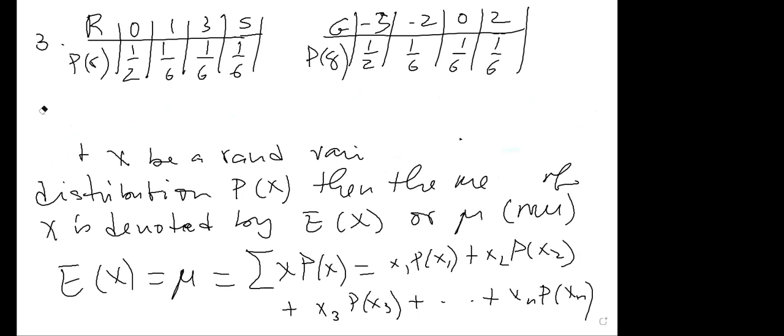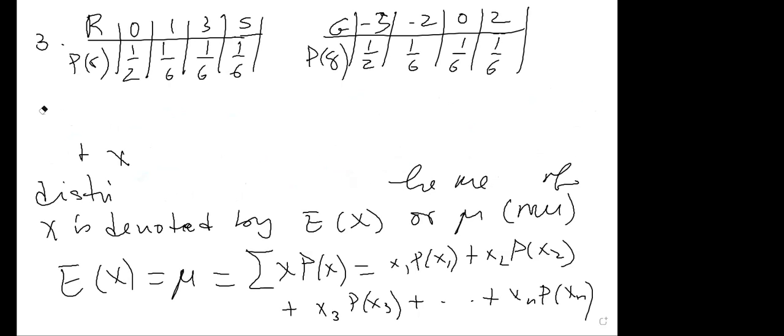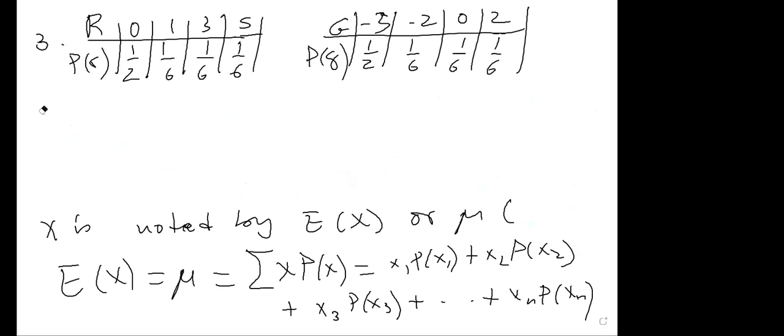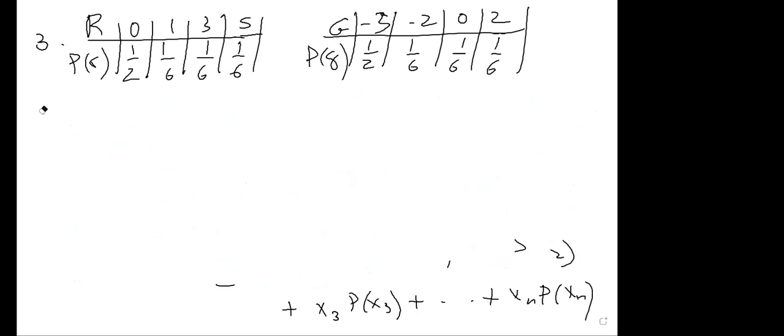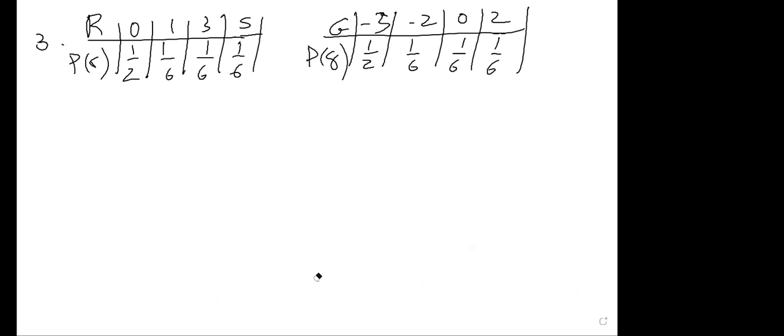Okay. So, as I told you, the mean is also called expectation, depending on what you are dealing with. I'm going to rewrite the definition. So E of X equals mu is X1 times P of X1 plus X2 times P of X2.